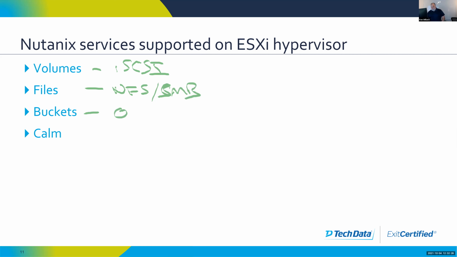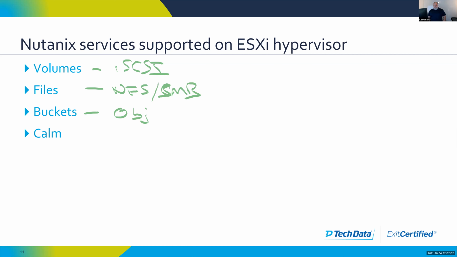And then buckets are object stores. We can run all of those types of data services, and obviously each one of them has very different use cases around when you might want to use one or the other, but all three from a data services standpoint are supported with VMware.